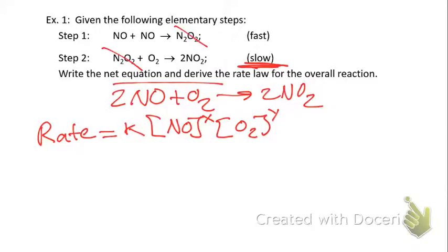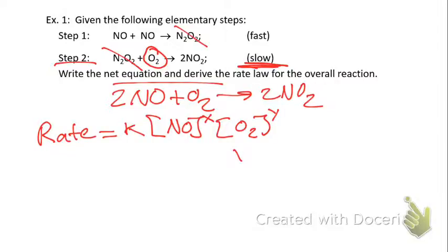If we look at step 2, which is our rate determining step, you will notice that it contains oxygen and N2O2. O2 is one of our reactants. Because there's only one molecule of O2, it tells us right away that O2 is first order.